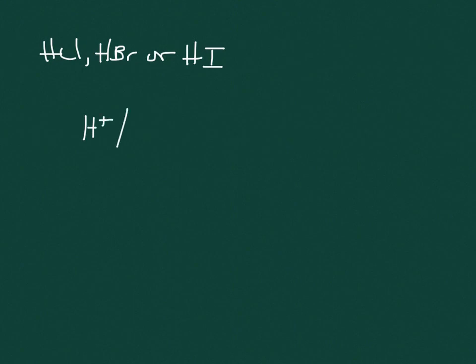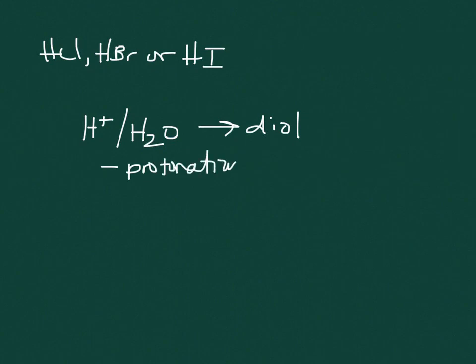Okay, so the reaction can be taking place with HCl, HBr, or HI. In addition, if we have H plus in the presence of water, we can have ring opening, and there we'll get the diol again, because again the first step is protonation, and the second step is nucleophilic attack.